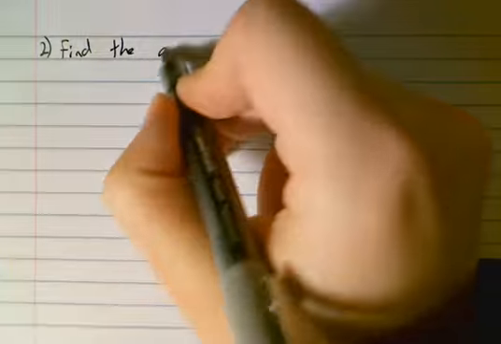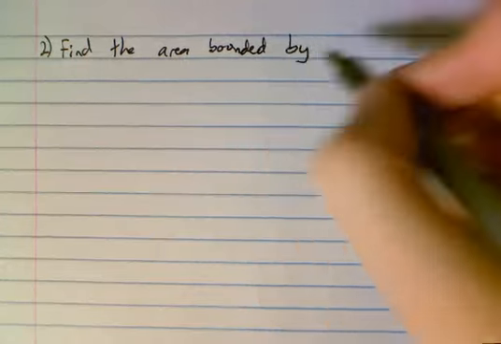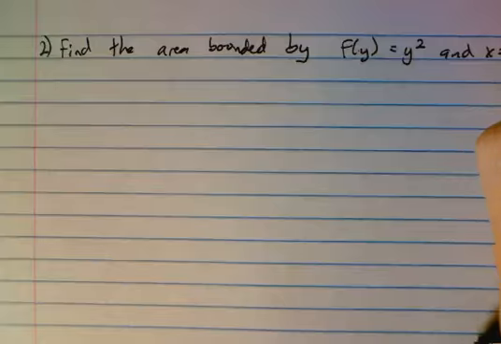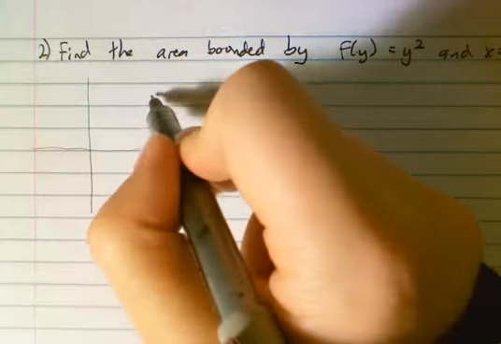So this is find the area bounded by f of y equals y squared and x equals 2. And I'm going to give you that graph. These ones, because they're not functions, are not ones that the graphing calculator handles terribly well.